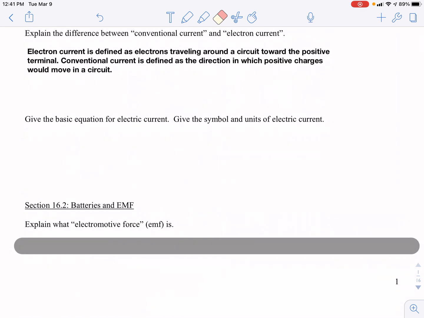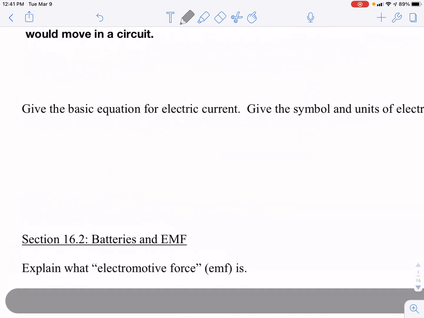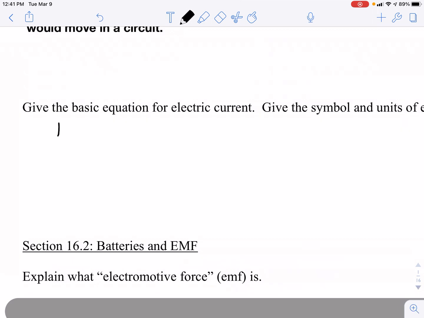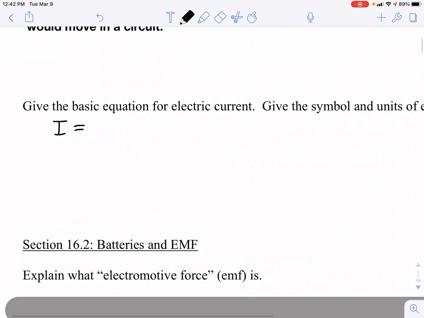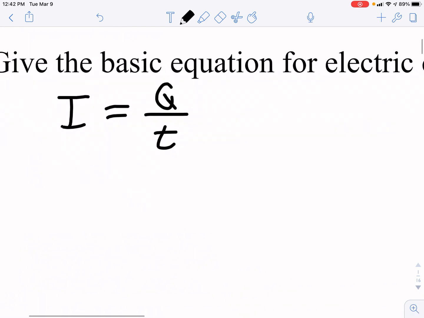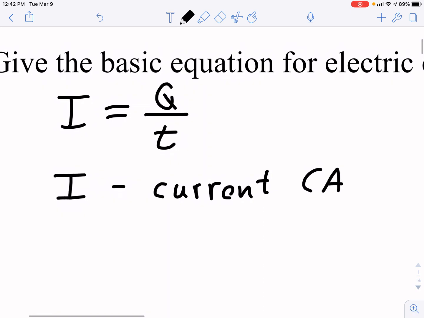Give the basic equation for electric current. Electric current I is equal to Q over T, where I is the current in amps.